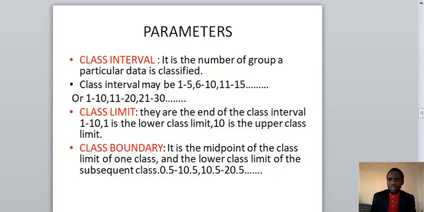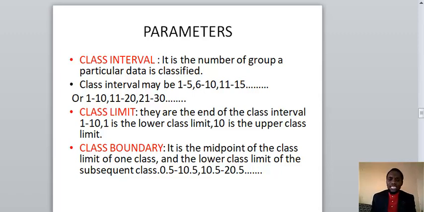If you look at the second class, 11 to 20, it means in that second class we have 11 as the lower class limit, while 20 is the upper class limit. So that is how we look at the class limit. When you go to the third one, 21 is the lower, 30 is the upper.